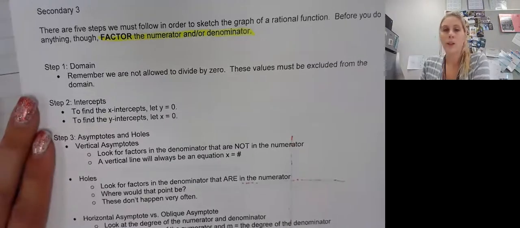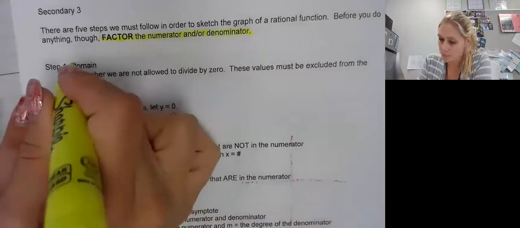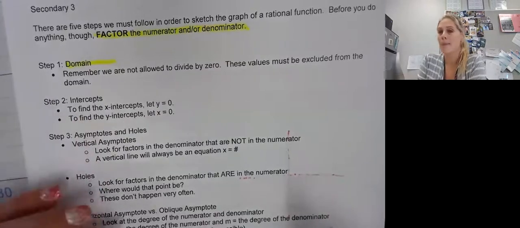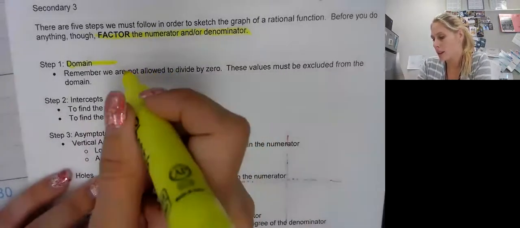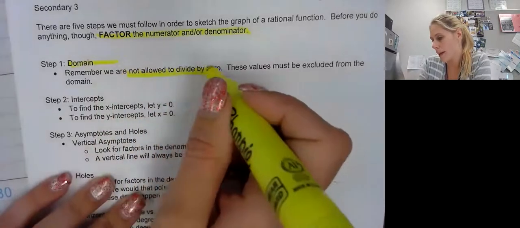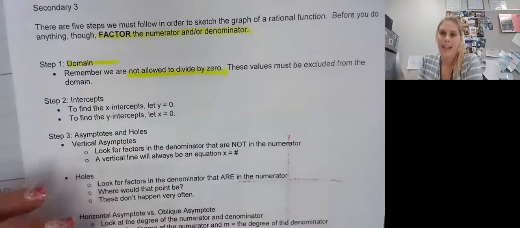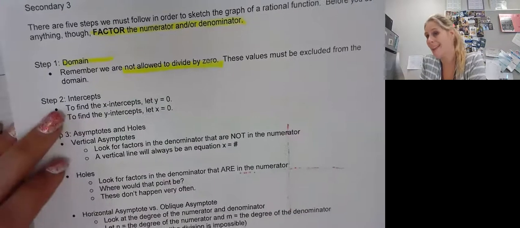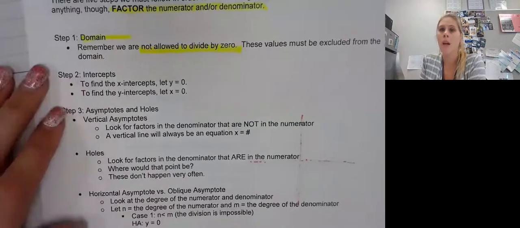Then we want to identify the domain. What we need to think about is what's not allowed. In rational functions, we have to think about what's not allowed to make it divide by 0. In other words, what makes the denominator equal 0? That can't happen in our domain.